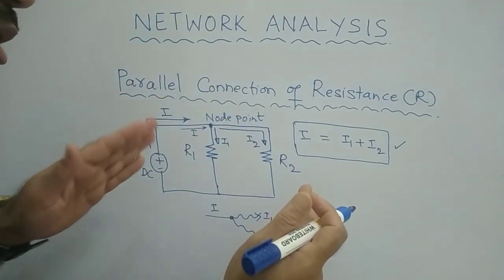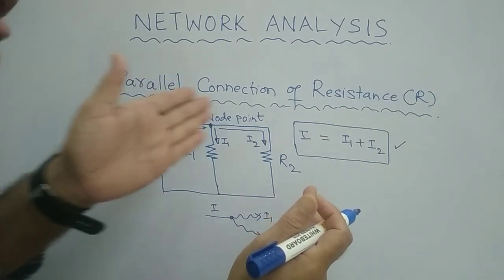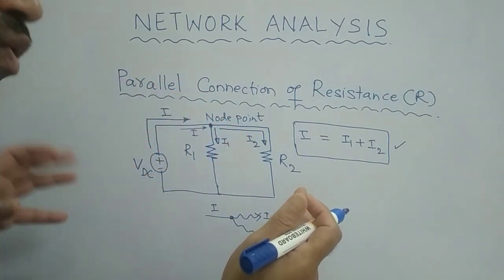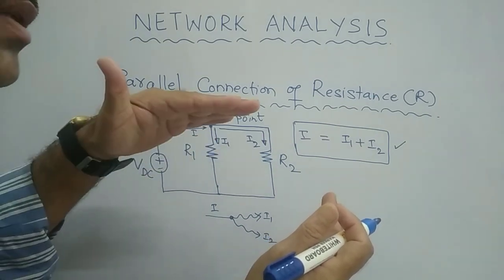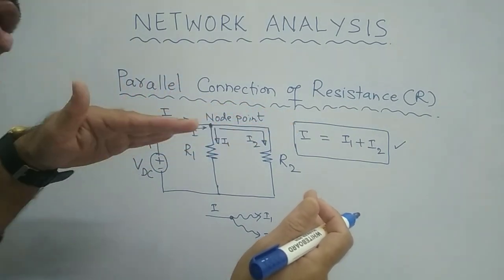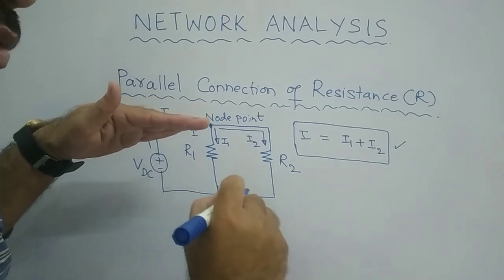We connected two resistors R1 and R2, and the same current I flows through R1 as well as R2. So in series connection, the same amount of current flows.